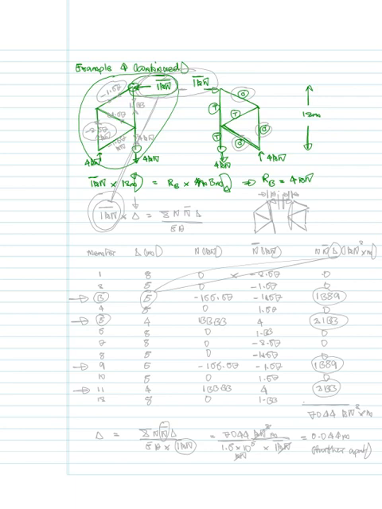So this value here is minus 2.67 kilonewtons, so look back to the previous one. This one here is minus 1.67, this one here is 1.67, this one here is 1.33, and then this one here is of course 4 kilonewtons.